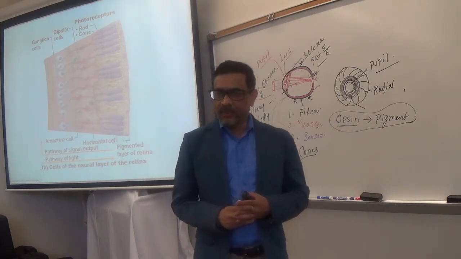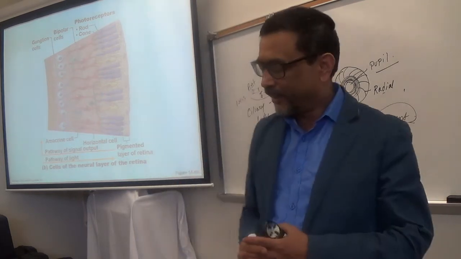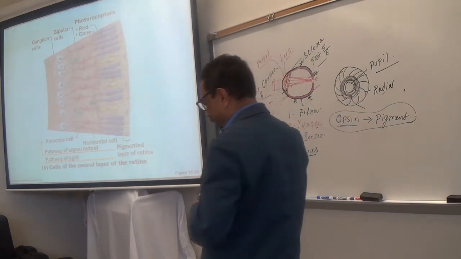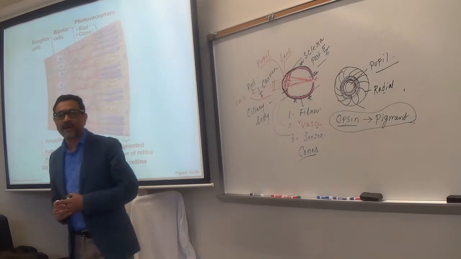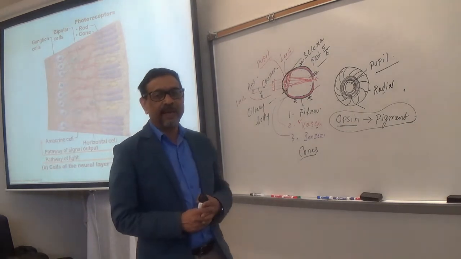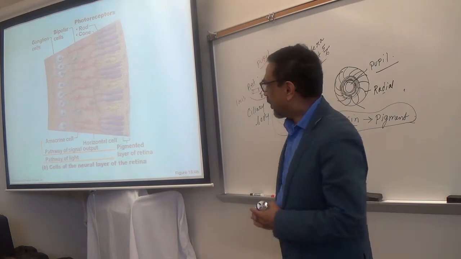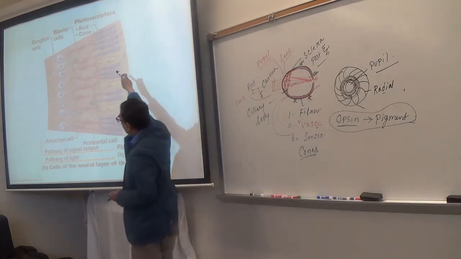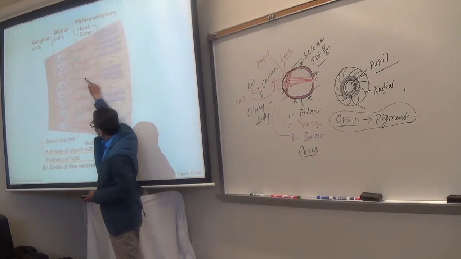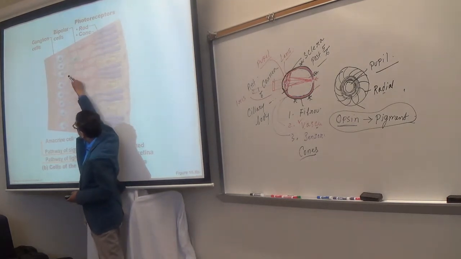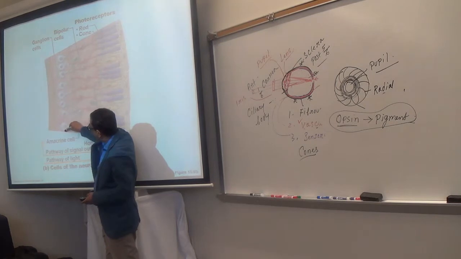Photoreceptors are rods and cones, of course, those are very important. And you have other cells: bipolar cells, horizontal cells, amacrine cells, and ganglion cells. So, from rods and cones, you see the picture, these bipolar cells are taking the signal to the ganglion cells.